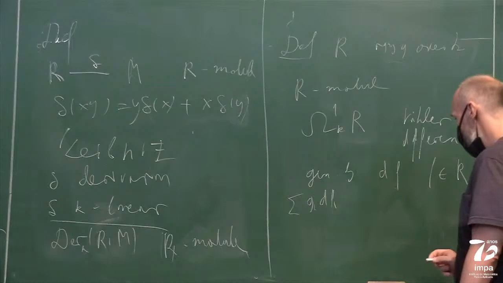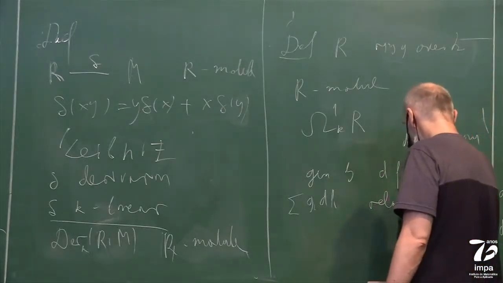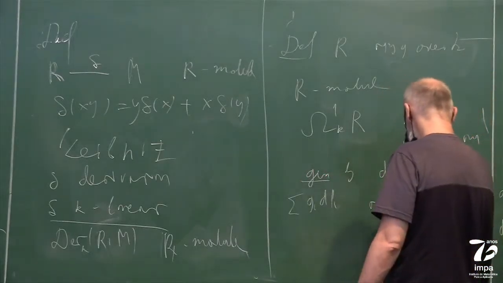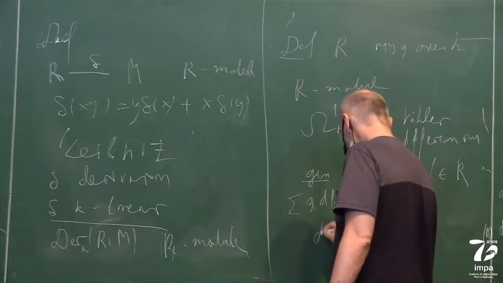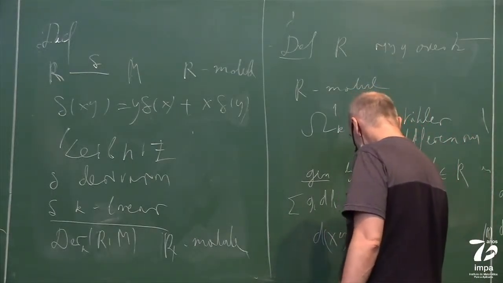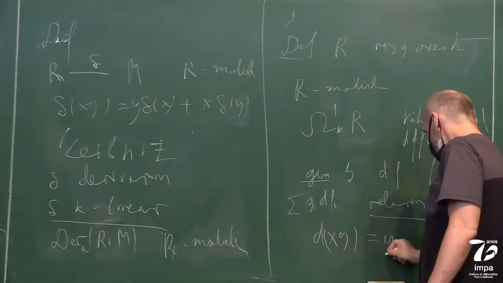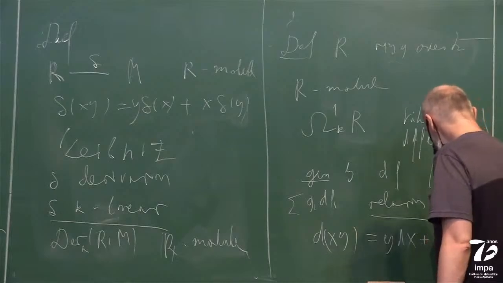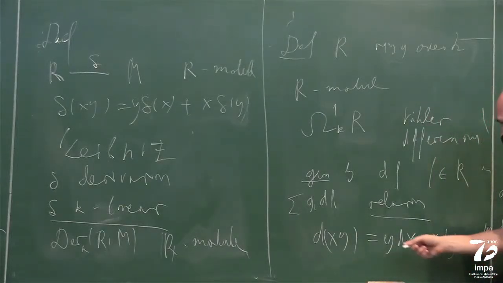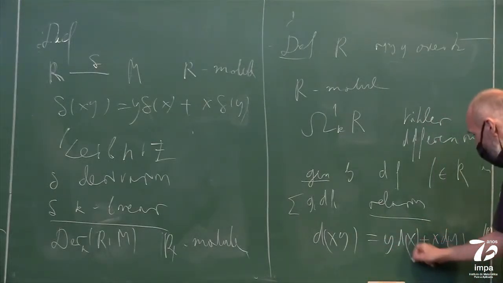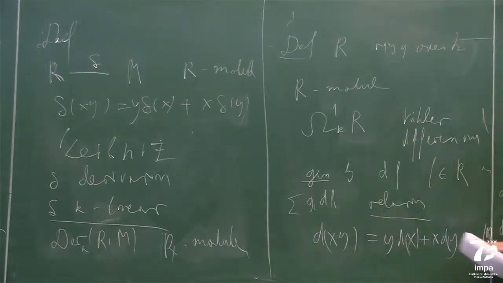And I have relations. These are generators, these are relations. Relations are d of xy, the same relations as written here, is y d of x plus x d of y. Why do we want it? Because this is the Leibniz identity.